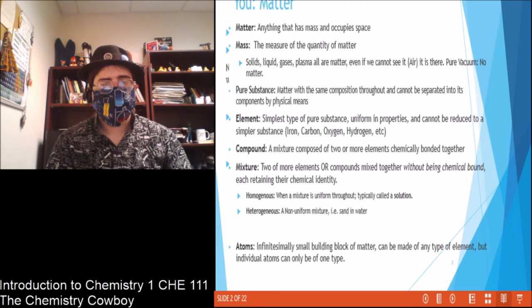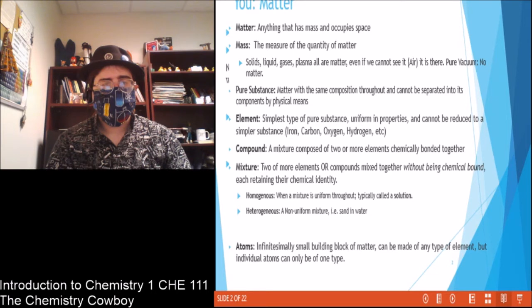We're going to use these terms a lot: elements, compounds, and mixtures. So we have to make sure we're on the same page when we discuss them. An element is the simplest type of pure substance. It's uniform in its properties, and it cannot be reduced to a simpler substance by chemical means. We cannot break it down into anything other than what it is by chemistry. So if I take a block of iron, it should be iron throughout.